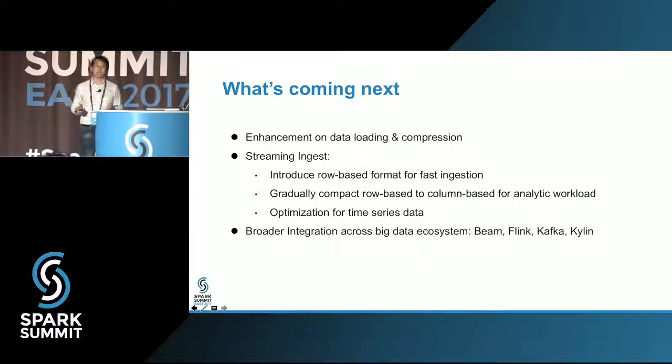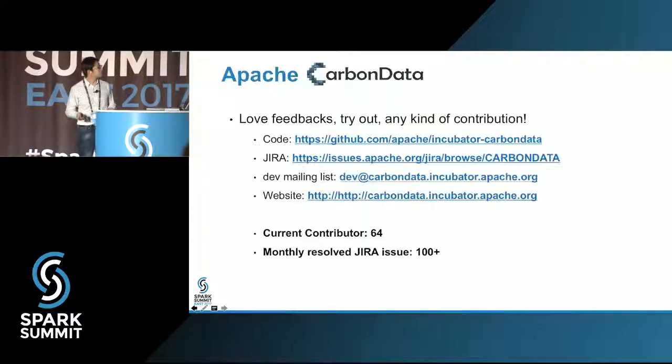Since CarbonData already has the compression facility, we can use the compression process to convert the raw data to columnar data. And thirdly, because we are a new format in the ecosystem, we want to integrate with more processing engines in the Hadoop ecosystem.